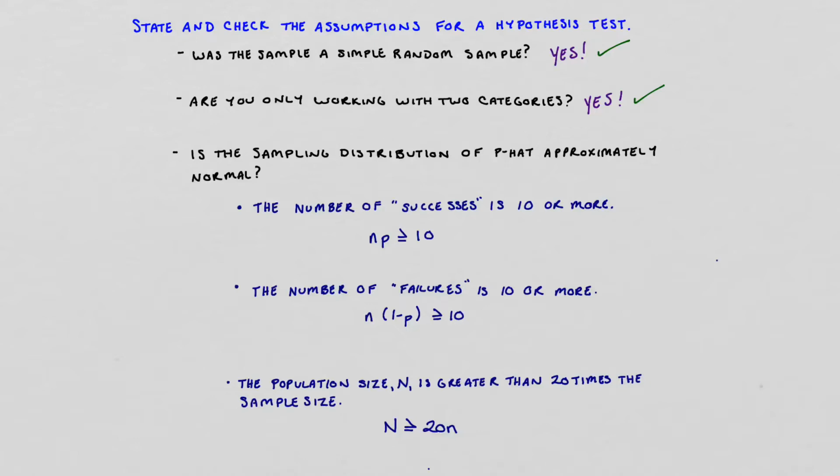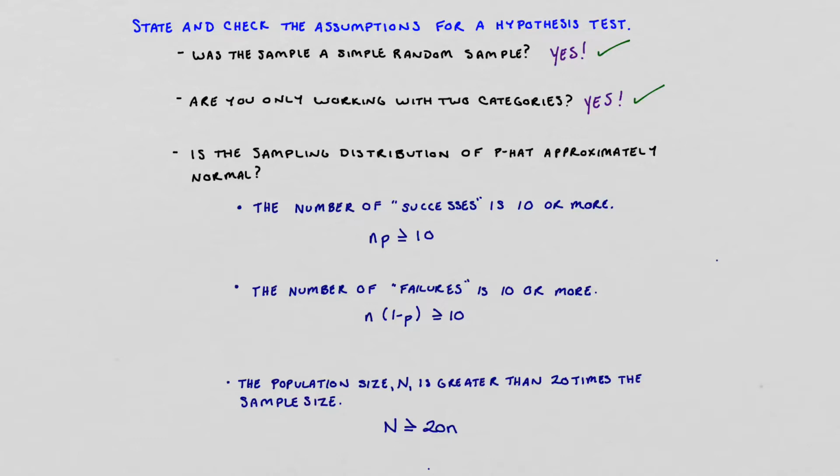So in order to determine this, we have a quick little formula that we can use. It's going to be the sample size, n, times the population proportion, or what we assume to be the population proportion. Remember, we did define what p was earlier when we were talking about the null hypothesis. We said that p was equal to 0.55. So this is the value that we're going to use here.